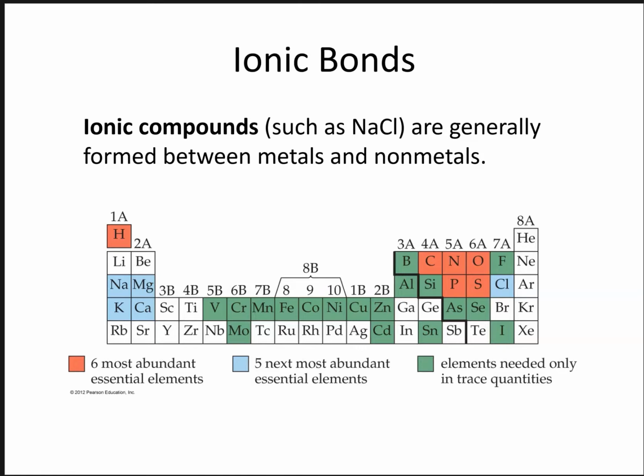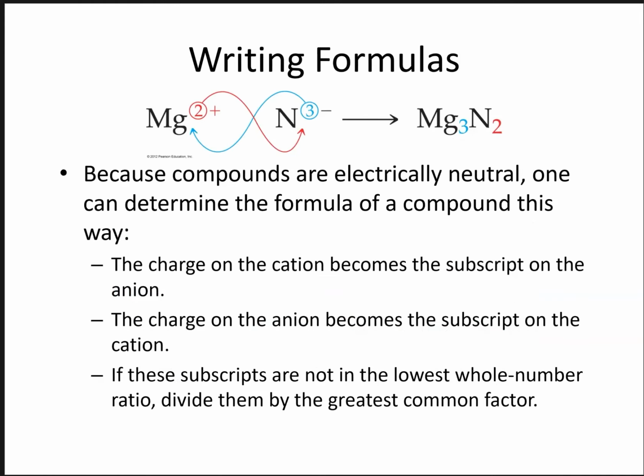So ionic materials are composed of charged particles, and yet when we have an ionic material, the net result must be that all the positive charges are canceled out by all the negative charges. So here, if we're trying to combine magnesium and nitride together, what we need to do is figure out how many magnesiums we need to cancel out the charge coming from nitrogen.